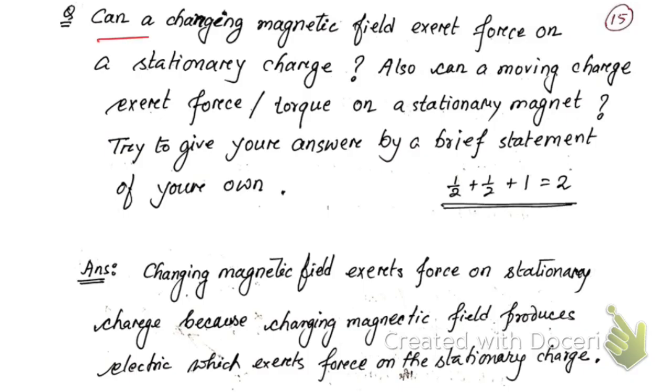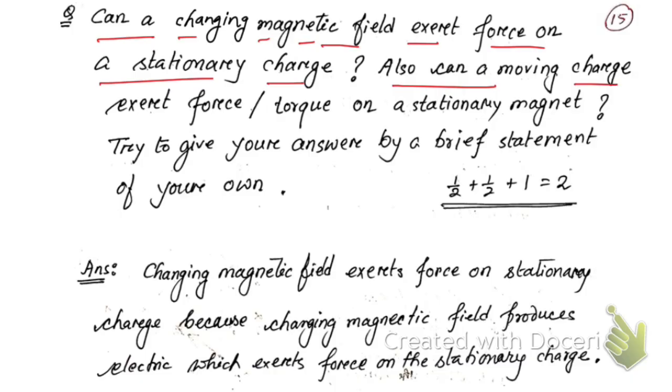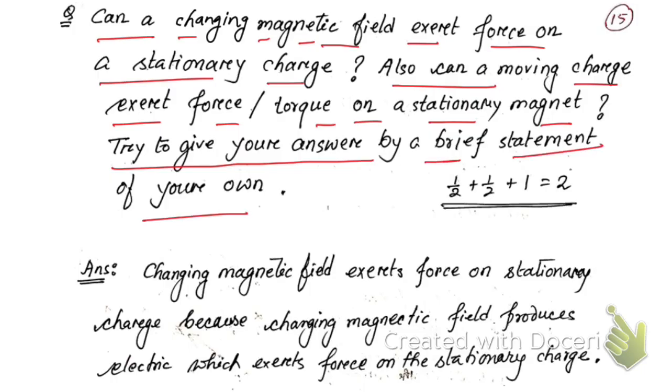Can changing magnetic field exert force on a stationary charge? Also, can a moving charge exert force or torque on the stationary magnet? Try to give your answer by a brief statement of your own.